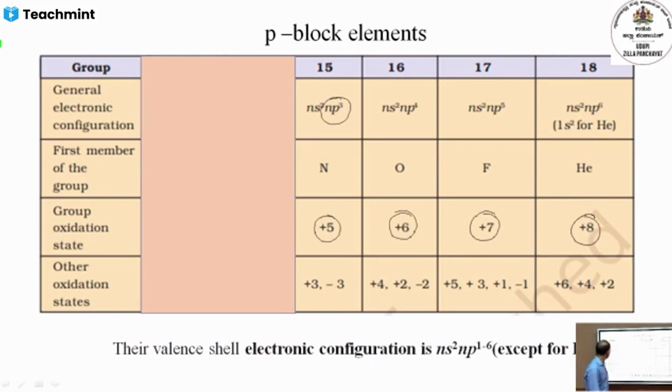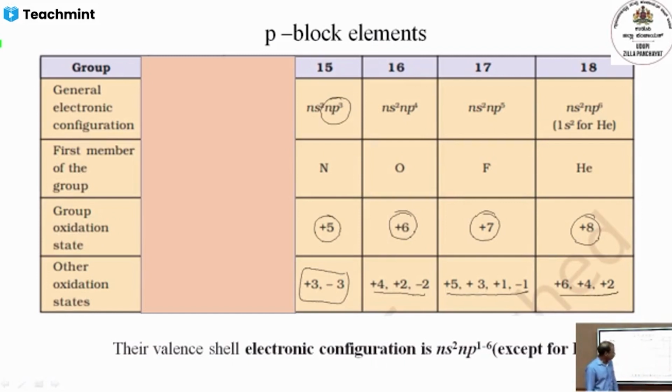If you look into the other oxidation states, it can vary from -3 to +3 for the nitrogen family, from -2 to +4 for the oxygen family, and for the halogen family you can see -1 to +5. Even for noble gases, +2 to +6 is possible.